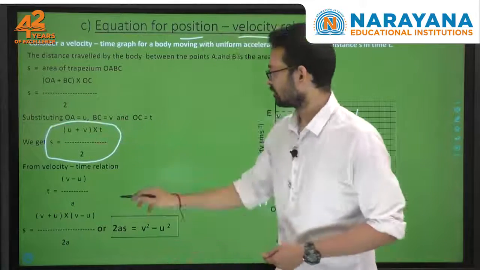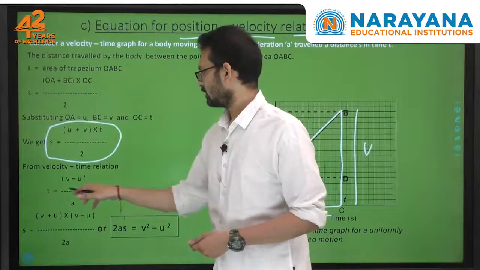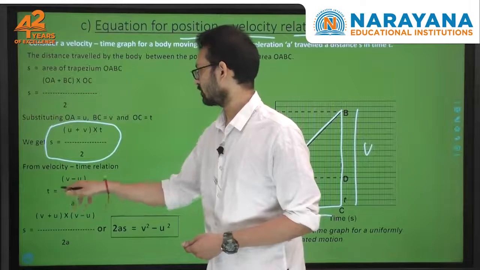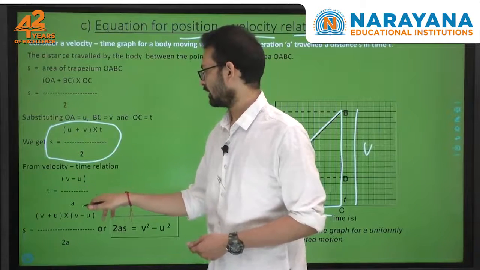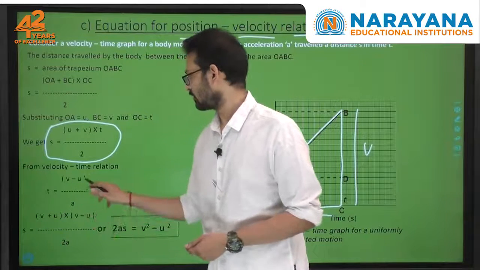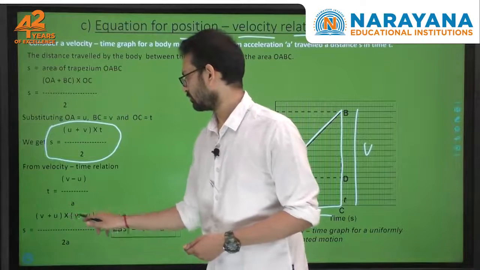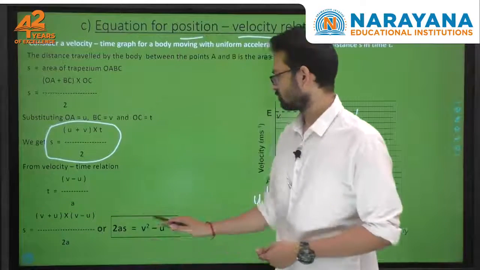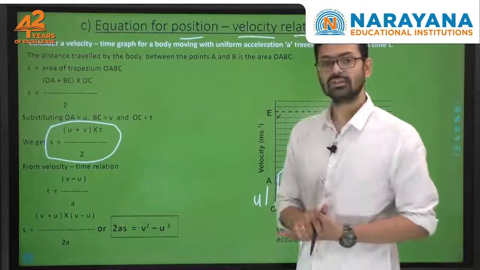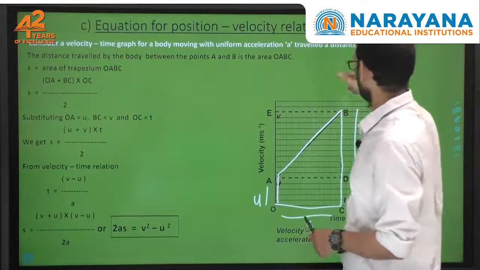Now from the velocity time relation, you get the T value, T is equal to V minus U by A. You substitute that T value as V minus U by A. Now V plus U into V minus U by A is nothing but S, so it is nothing but 2as. Finally, if you send this 2a to that side, you get 2as is equal to V square minus U square.